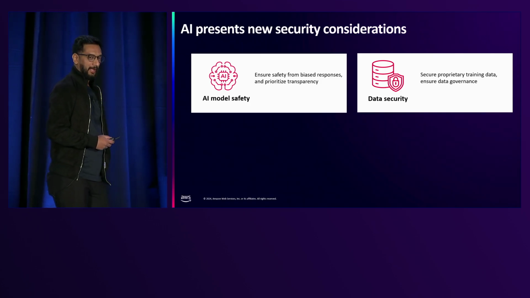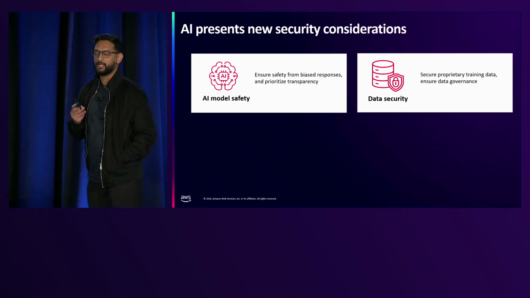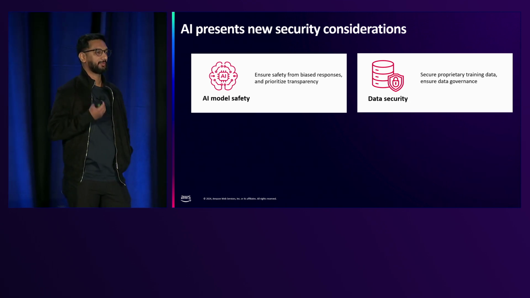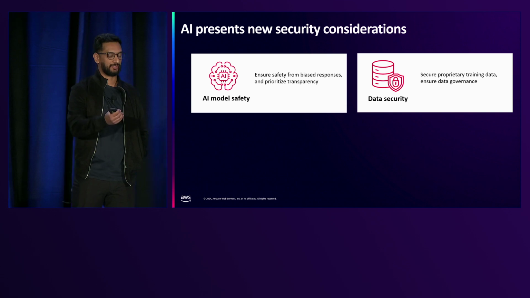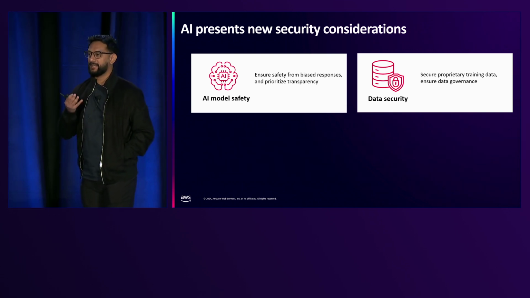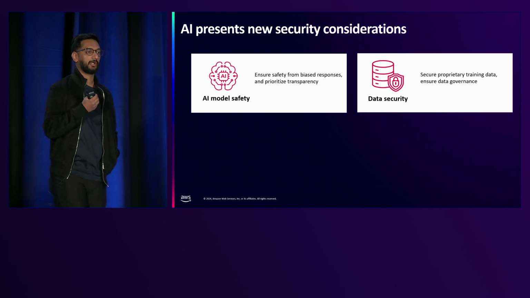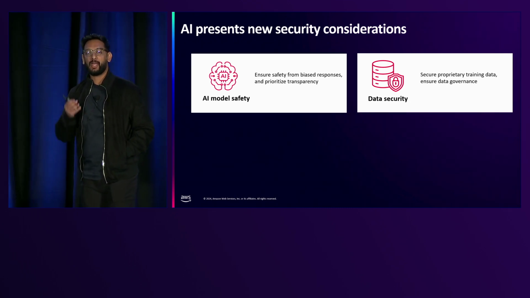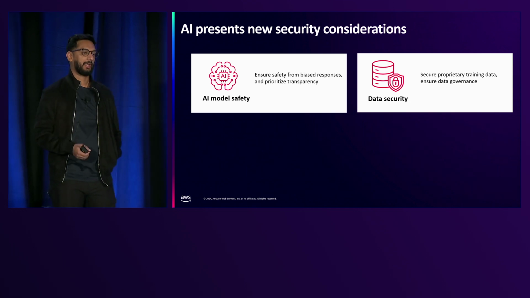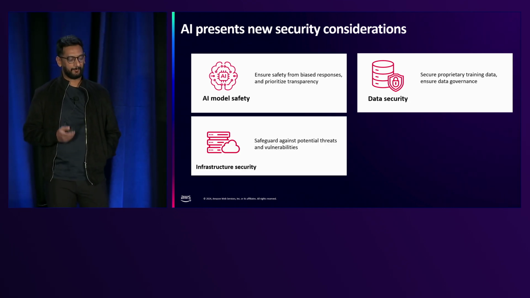Now, as you build these models themselves, there's a lot of fine-tuned data that customers are starting to use to make the model relevant to what they want to give their customers. Now, this is internal proprietary data, and what we want to do is ensure governance of that data and ensure that access controls are implemented appropriately.